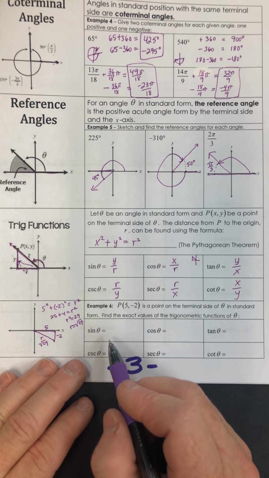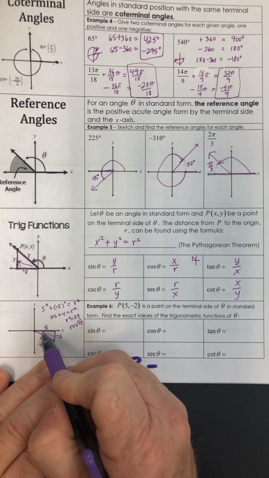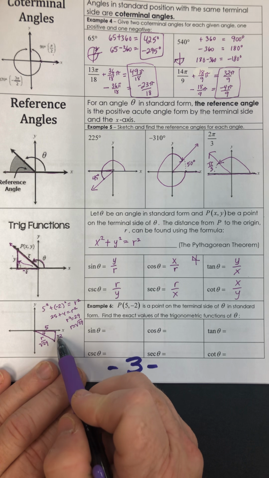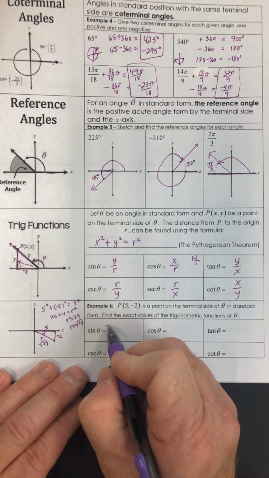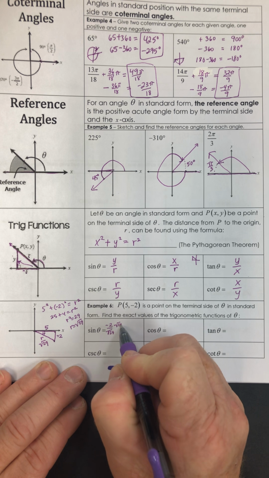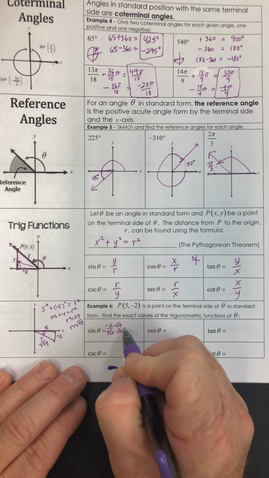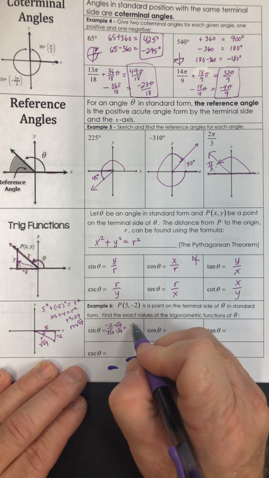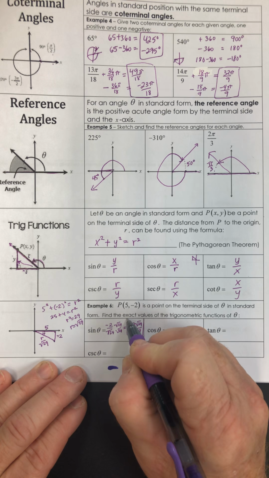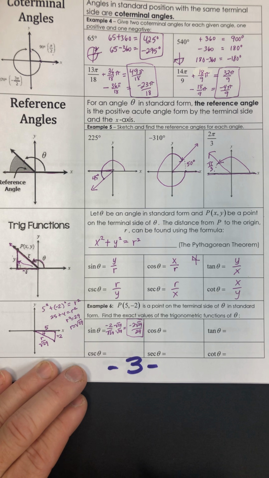So sine, using the reference angle, sine is opposite over hypotenuse. So that's negative 2 over the square root of 29. And then we simplify by multiplying by the denominator. Negative 2 square root 29 over 29 is our final value.